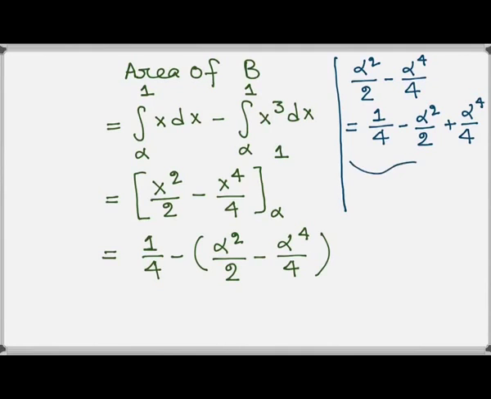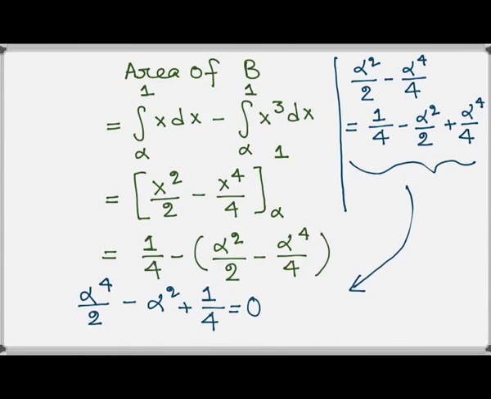Simplifying this we obtain alpha to the power 4 divided by 2 minus alpha square plus 1 by 4 is equal to 0.